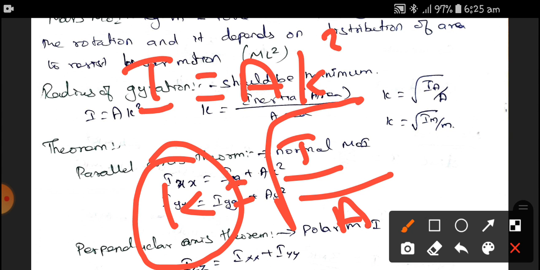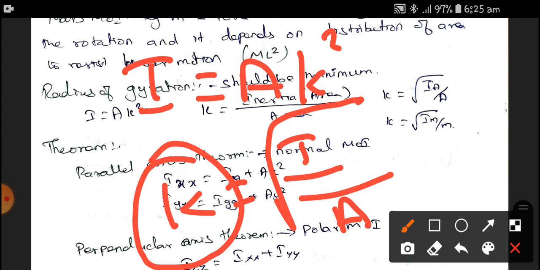The radius of gyration can be defined as the distance at which the entire area is placed such that its moment of inertia is equal to the moment of inertia of the actual body. So that is called the radius of gyration. The radius of gyration should always be minimum.